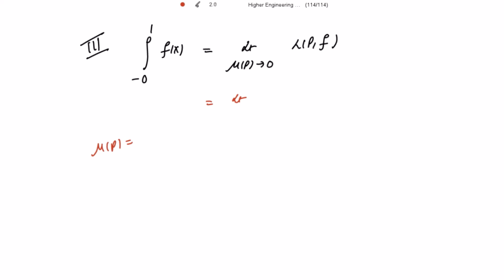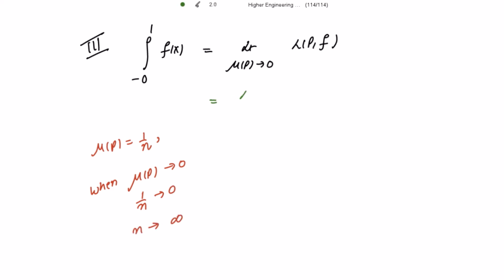Third step is we need to find the lower Riemann integral, that is equal to the limit as mu p tends to 0 of the lower Riemann sum. What is the mesh of p? This is the greatest length of the subinterval, because the length of each subinterval is 1 by n. So mu p is 1 by n here. And when mu p tends to 0, this means 1 by n is tending to 0, that is n is tending to infinity.